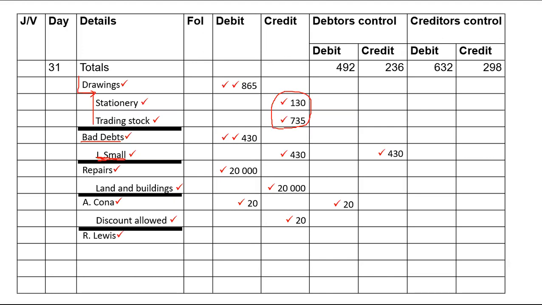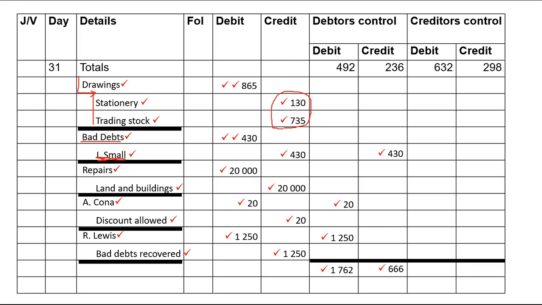Debit R. Lewis, which is a debtor, it will affect our debtors control so that we reverse the initial entry that was made, and then credit bad debts recovered. And that's it. You just add the totals of your debits for debtors control and the credits for debtors control as well as creditors control. And that will be it.